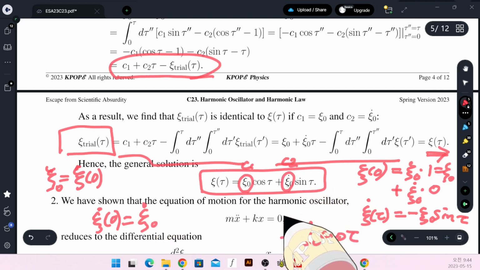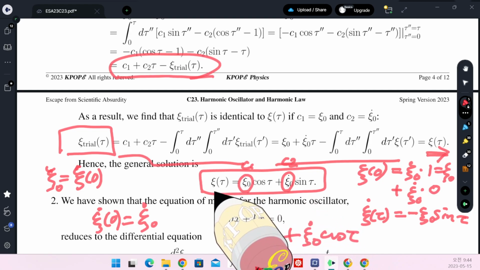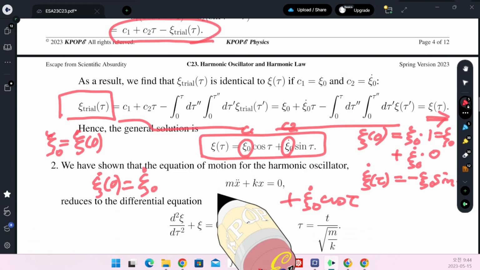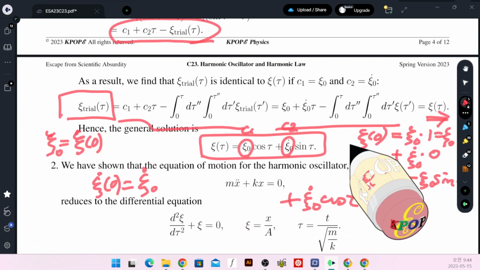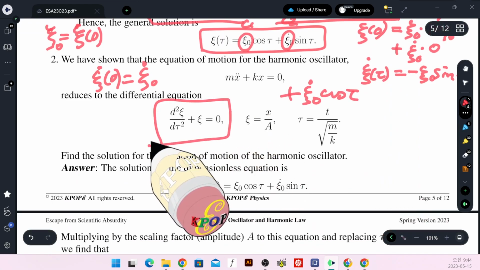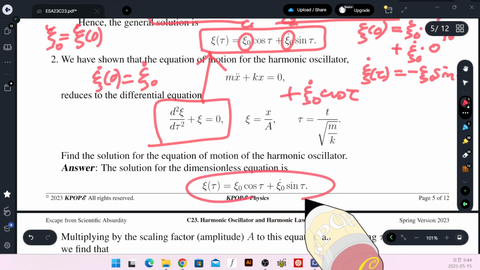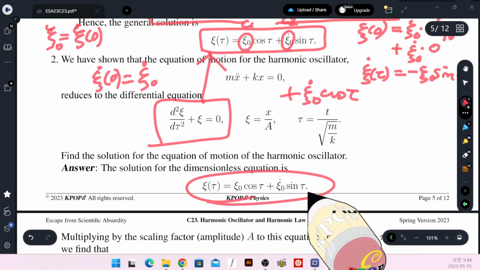So this one is the initial velocity in the dimensionless variable C. So using this, we return to the original problem. This one has a solution, this. So this is the solution.